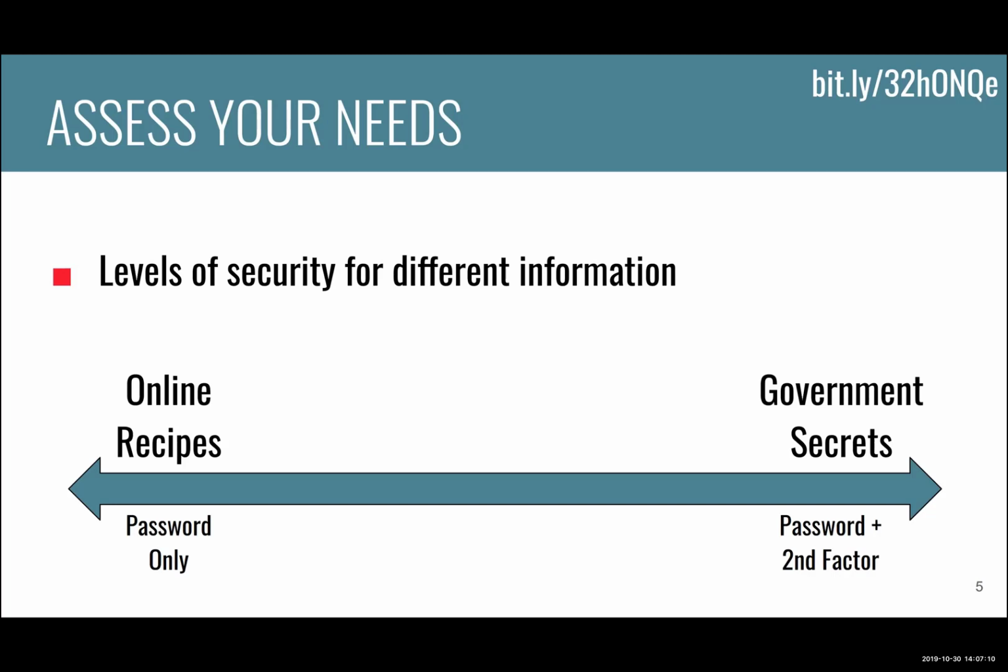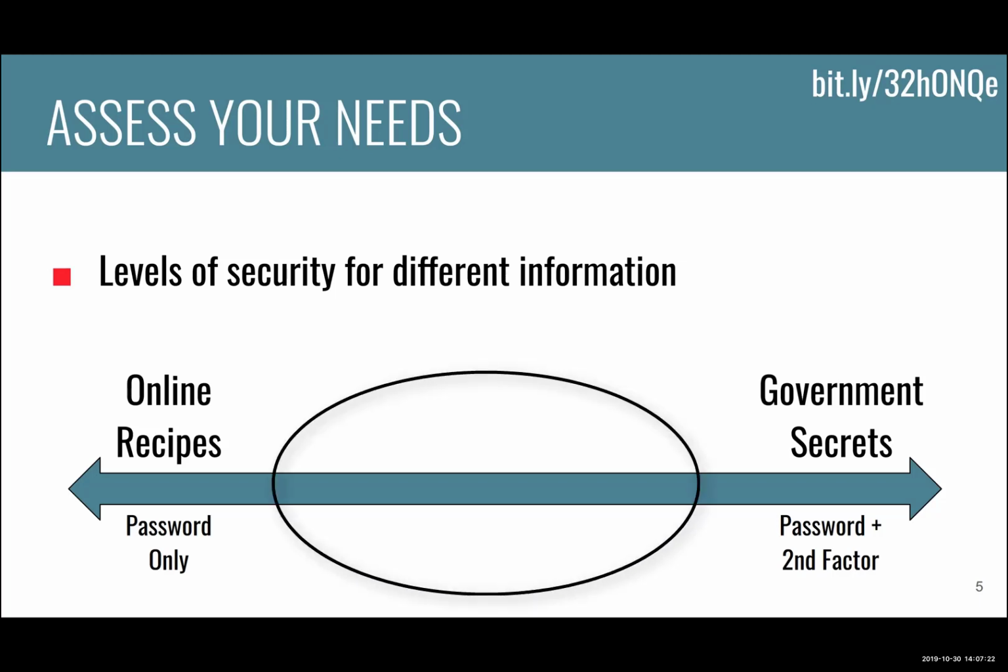But as you get closer to government secrets, you definitely want a password and some sort of second factor, at least one, to help limit who can access that information. And most of your stuff is going to fall somewhere in the middle here.